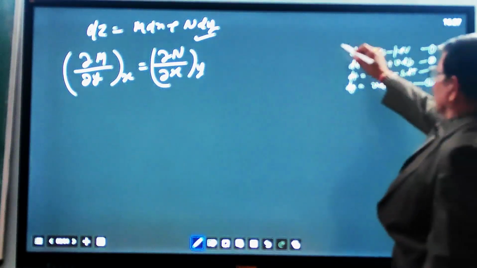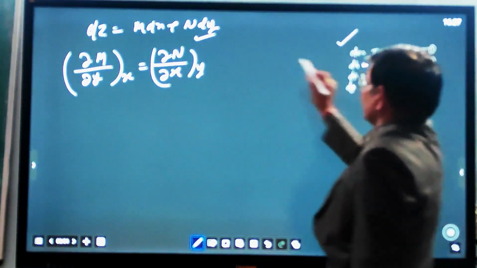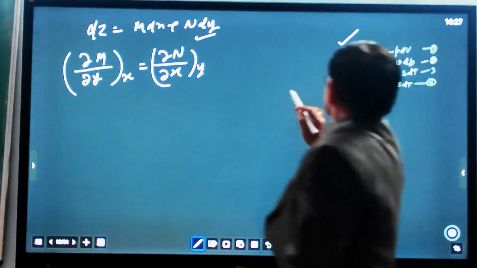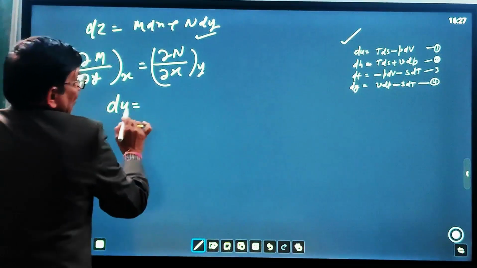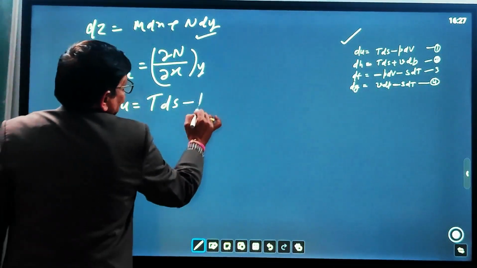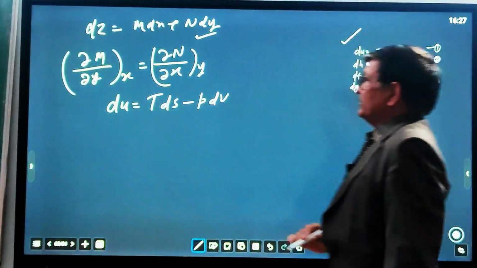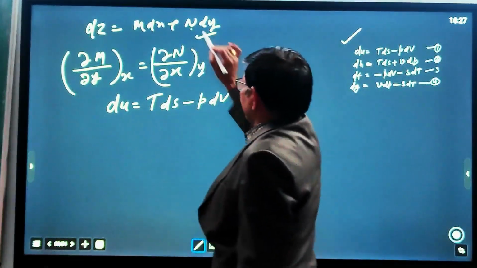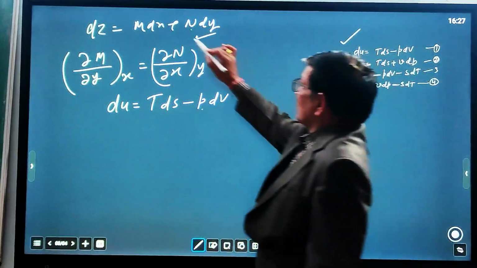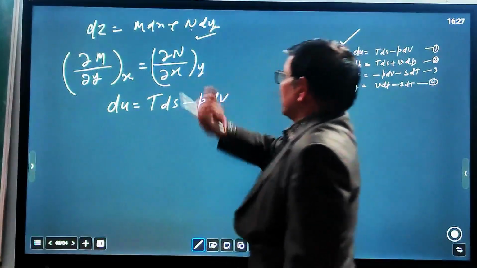So taking the first one, relating this one and this one, you see dU equal to TdS minus PdV. By making analogy, M is equal to T and N equal to P, and x equal to here and y equal to here.